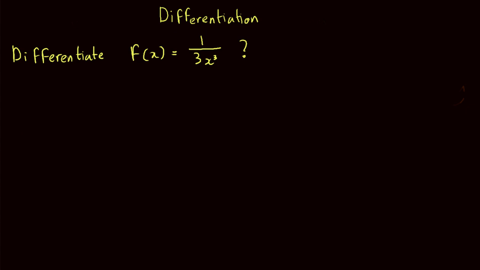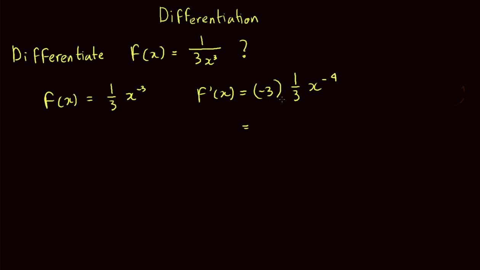So in this case, that would be what? As I said before, you write it as 1 over 3 times x to the power of negative 3 to make your life simpler. Then of course f prime x would be negative 3, 1 over 3 times x to the power of negative 3 minus 1, which becomes negative 4.